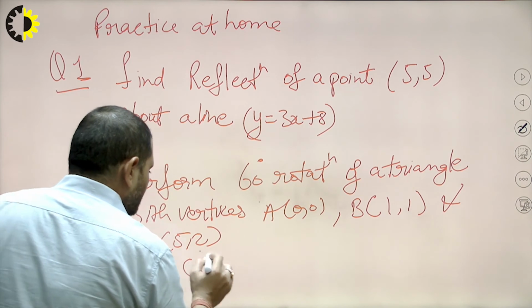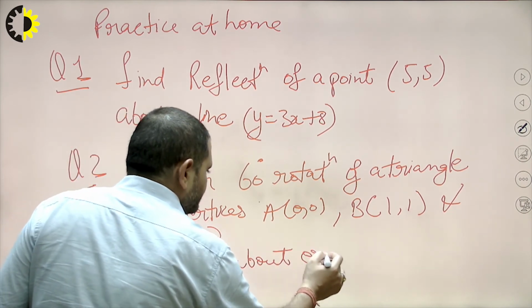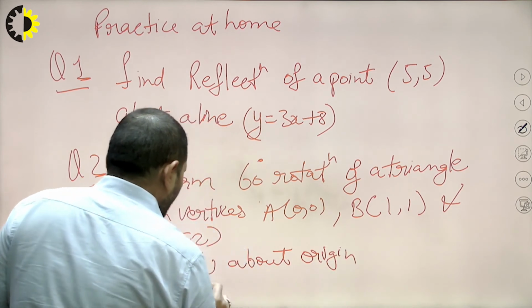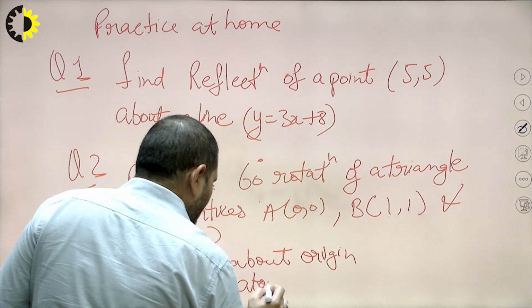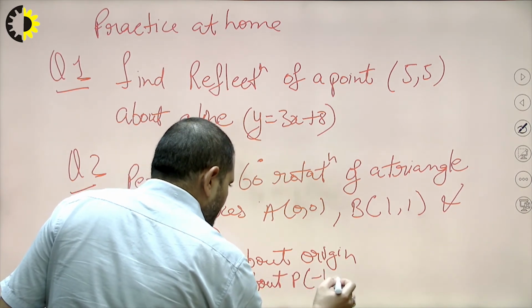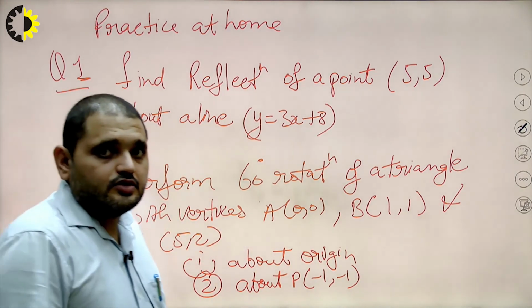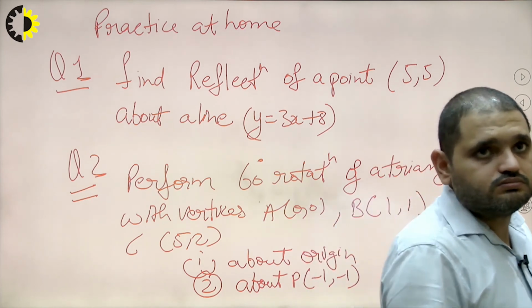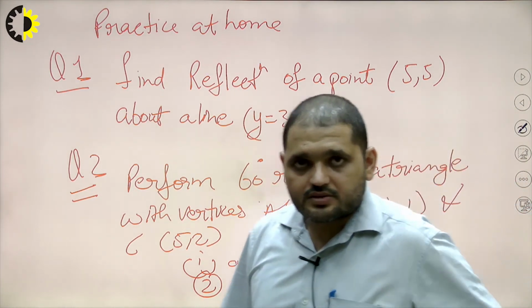First, about the origin, and second, about some point P whose coordinates are -1, -1. So practice these questions at home, and if you find some problem you can always contact me.